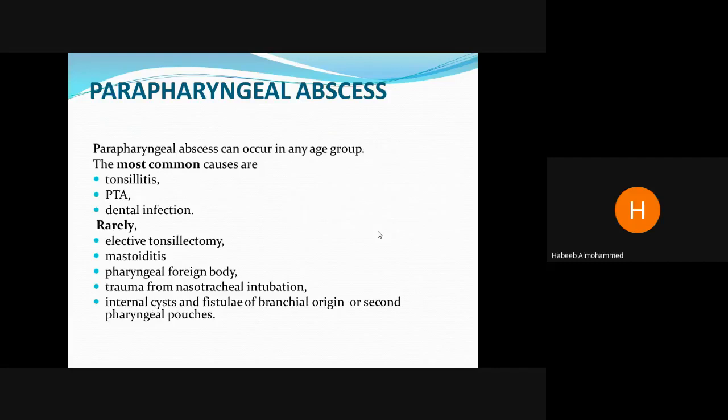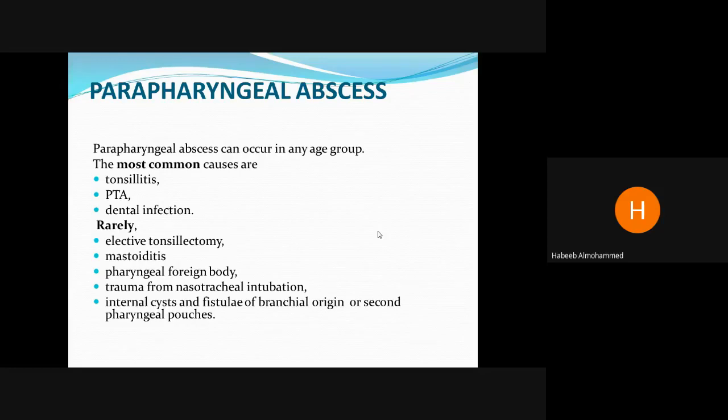What are the causes of parapharyngeal space infection, which can occur at any age group? It may complicate tonsillitis, may be an extension of peritonsillar abscess, may be an infection from the teeth or gums, and rarely it follows elective tonsillectomy.